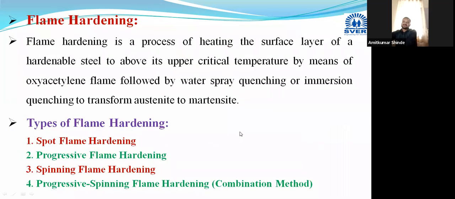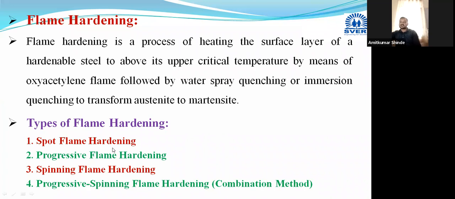Depending on the movement of the heating torch, or the cooling device, or the movement of the workpiece on which we are doing the hardening, flame hardening is classified into four different types: spot flame hardening, progressive flame hardening, spinning flame hardening, and progressive spinning flame hardening, which is also known as the combination method.